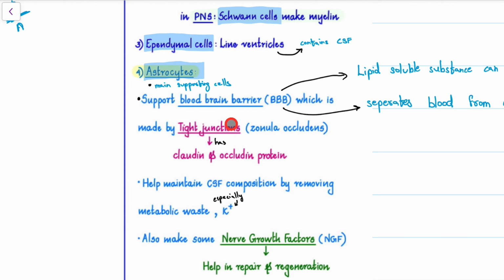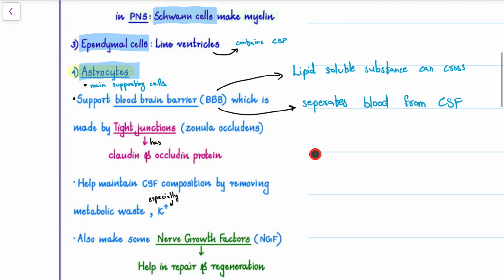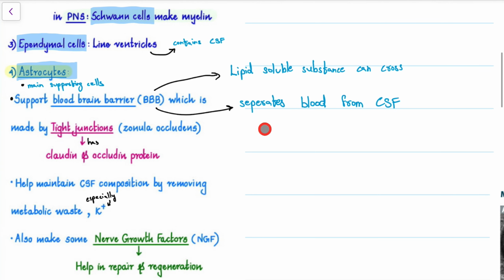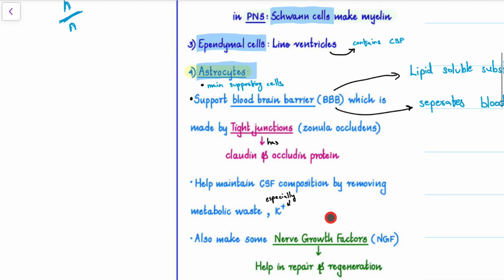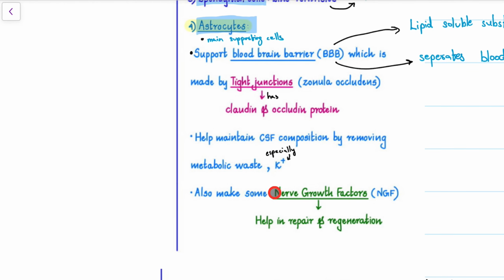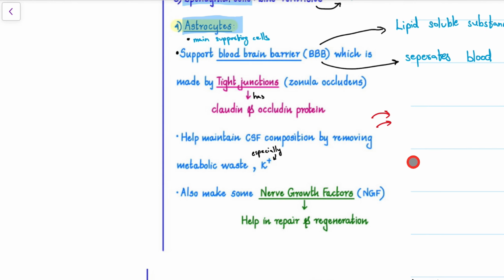The tight junctions have claudin and occludin proteins, and the blood-brain barrier should actually separate the blood from the CSF. And these astrocytes help in maintaining the CSF composition by removing the metabolic waste, especially the potassium. Metabolism occurs even in the brain, and certain waste materials are discharged out. So these have to be removed, right? It is done by the astrocytes.